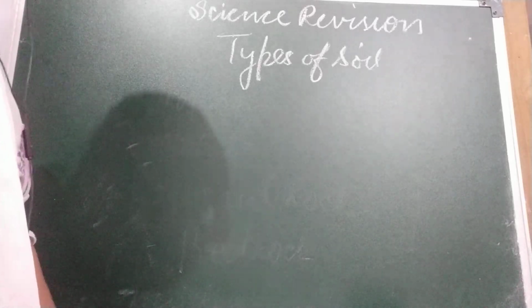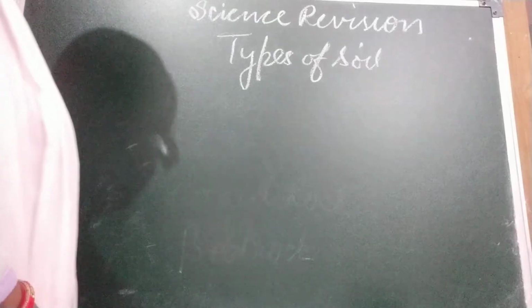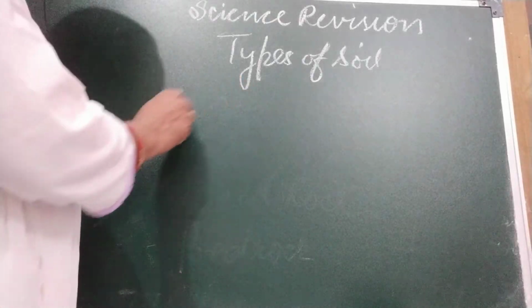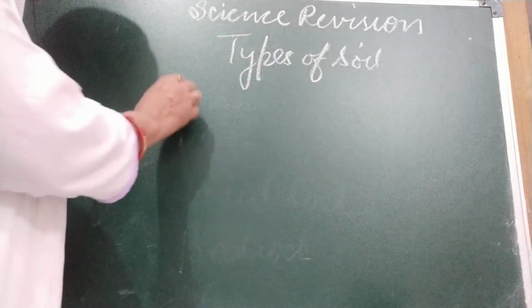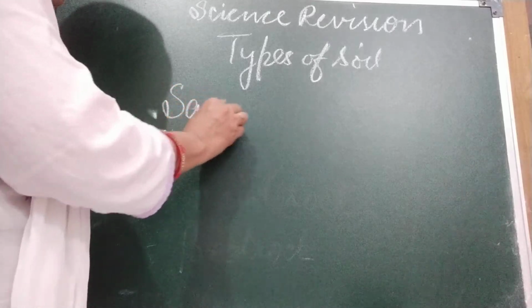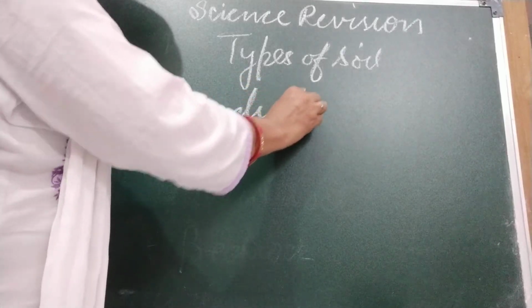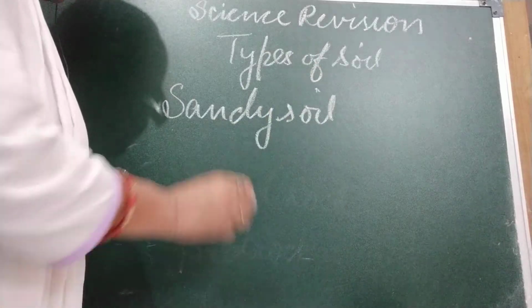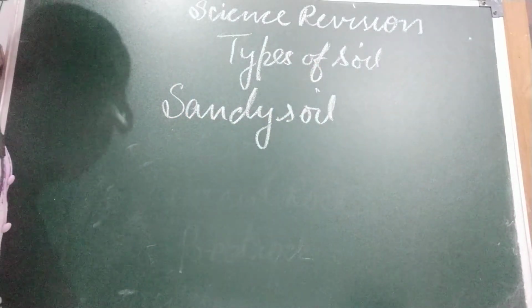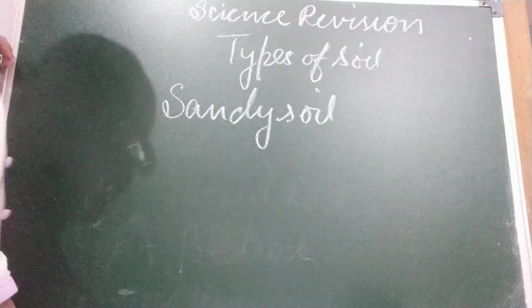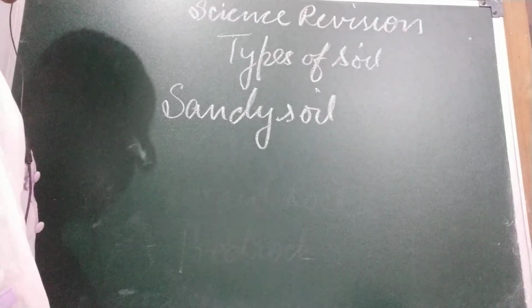Okay, and children, if we discuss the types of soil, sandy soil has a lot of sand in it and very little clay and silt.